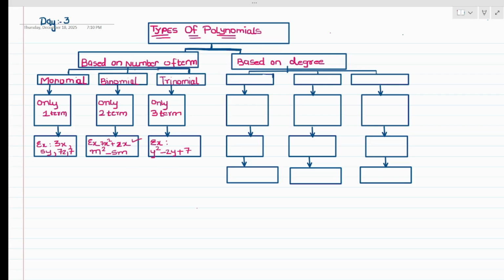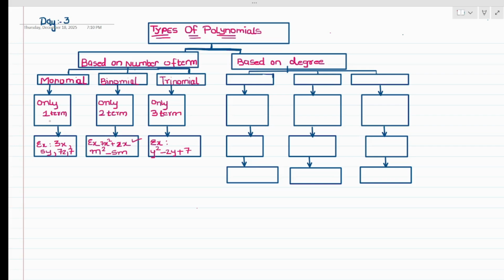Again, recollection, we have taken the types of polynomials in which we have made a classification on the basis of first number of terms and second number of degrees. Based on number of terms we have classified it into monomial, binomial and trinomial.